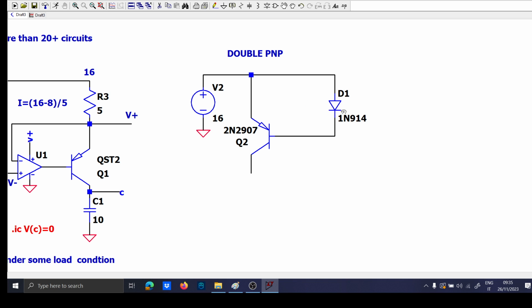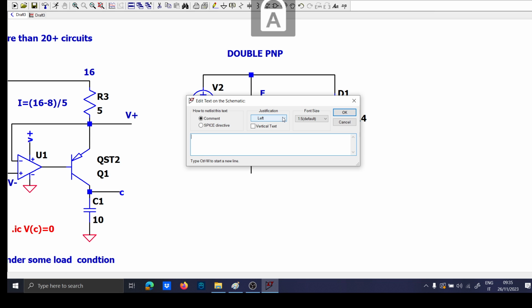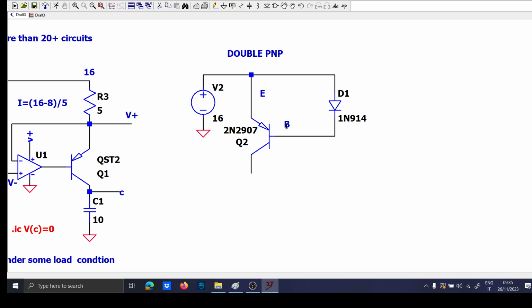The thing is, you're saying that the base voltage here will always be 0.7 volts lower than the emitter voltage. Thanks to the diode, the base will always be 0.7 volts lower than the emitter, and it will keep this transistor on. When this condition is not respected anymore, this transistor will not be activated anymore.